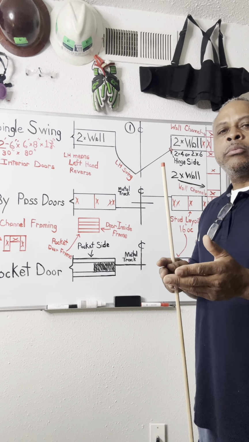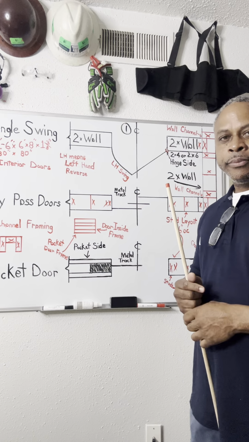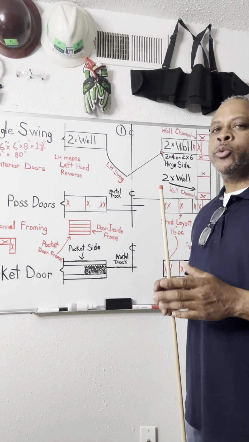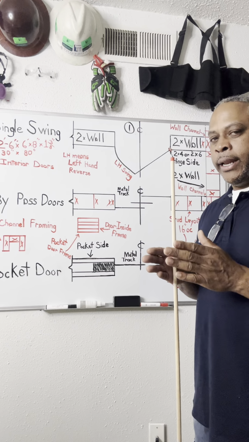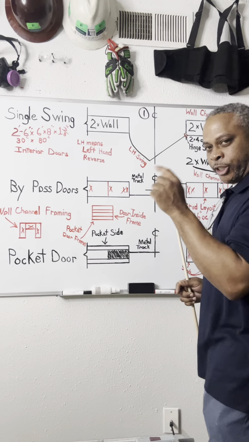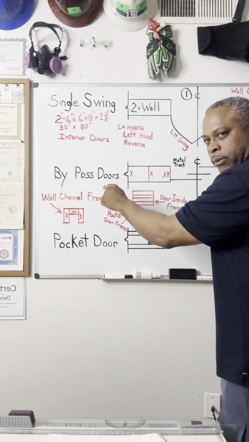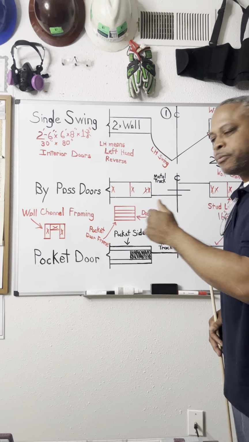It's strong, but nothing is as strong as a solid member. Because with built up headers, usually some engineers will require you to glue that lumber and that plywood together and nail at a stitch rate, which means stitch nailing up, down, up, down, up, down, and it's spaced so many inches away from each other.